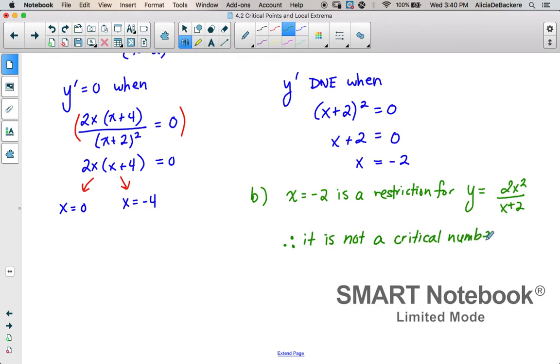Another way that I could have phrased that first line is I could have said x equals -2 is not in the domain of the original function. Therefore, it's not a critical number. But we still use it. So even though it's not a critical number, because it's a restriction in the original function, I'm going to use it in my table.